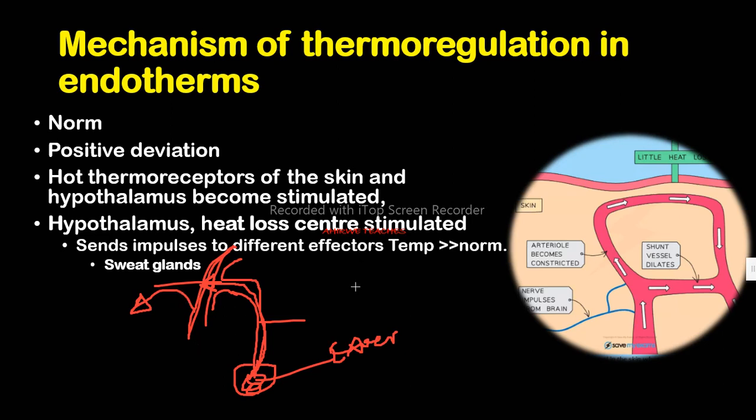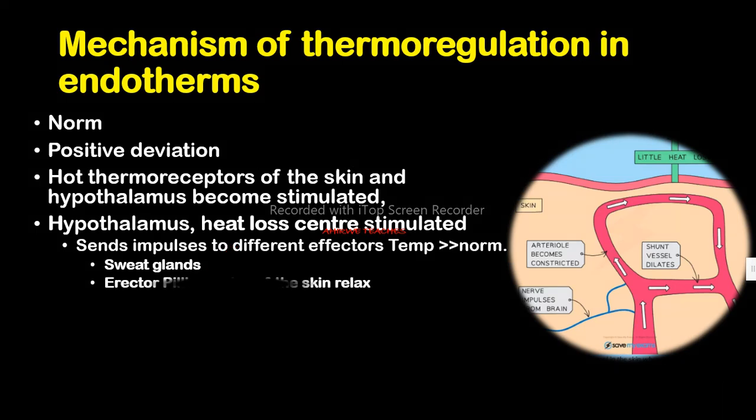As you are sweating, you are losing the latent heat of vaporization. That is the enthalpy change that occurs, or the heat required to vaporize water, or heat that is given out when water vapor condenses into water. And so by doing that, you'll be able to cool down your body.